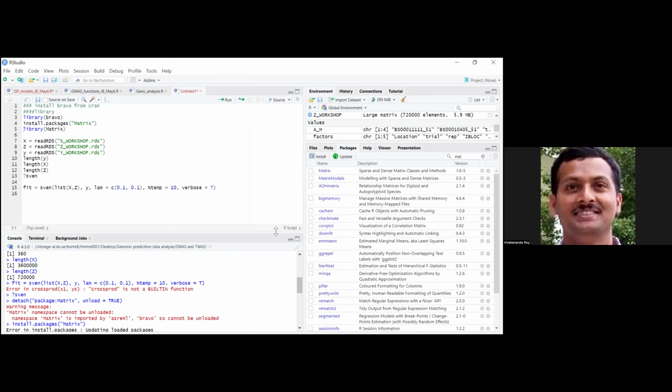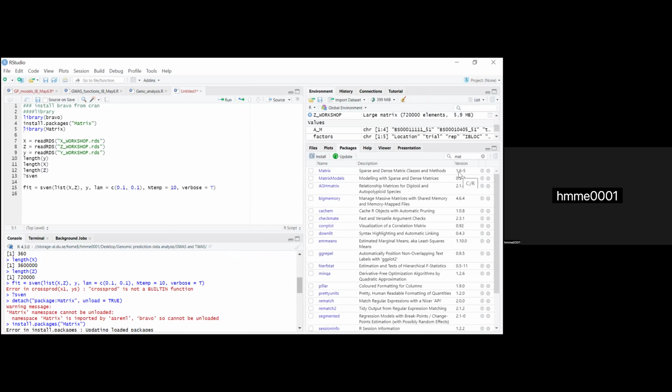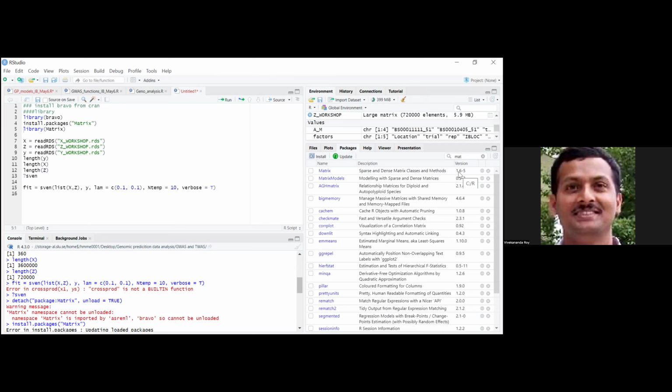Do you have the Matrix package installed? Oh yeah, you have it, right? Yeah, I have it, but I think it's the oldest version. Okay, oh, it's 1.65, it's not that bad.